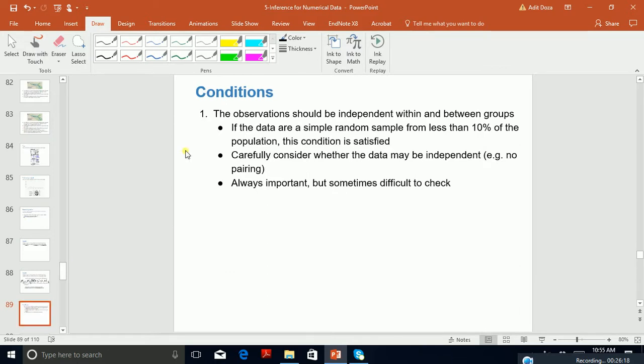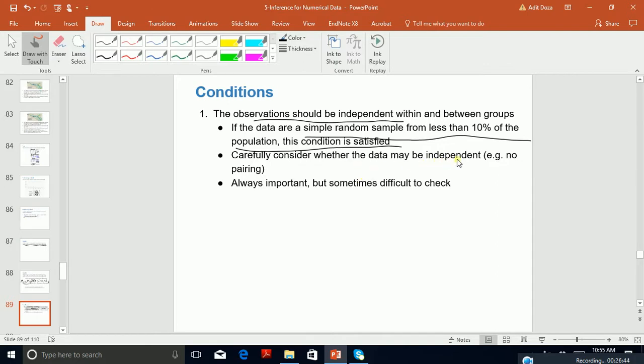All right, so let's look at the conditions. It's similar: the data should be independent, randomly sampled, and less than 10% of the population, right? It's similar to the chapter 4 assumptions, the CLT conditions. And no pairing; carefully consider whether the data may be independent.